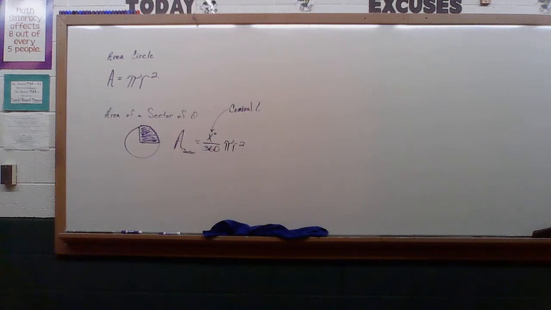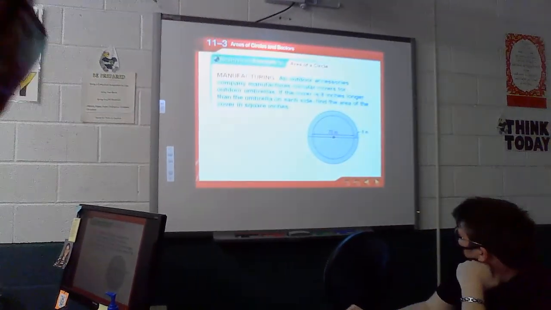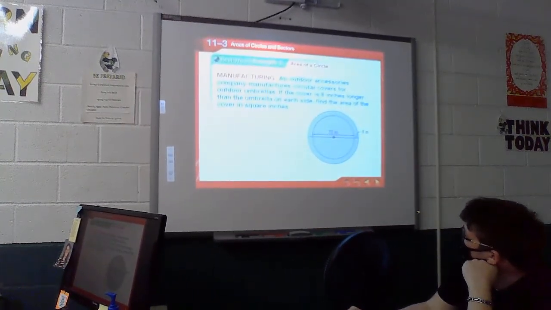So an outdoor accessories company manufactures circular covers for outdoor umbrellas. So the most important part of this problem is what? There's two circles, right? If the cover is 8 inches longer than the umbrella on each side, find the area of the cover in square inches.